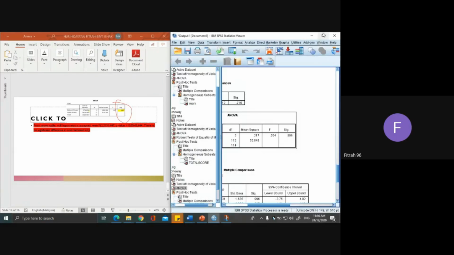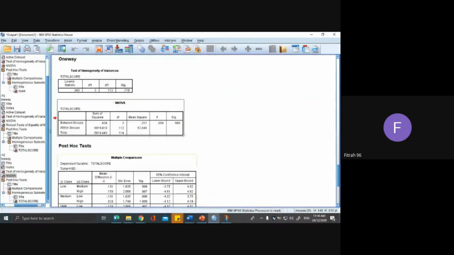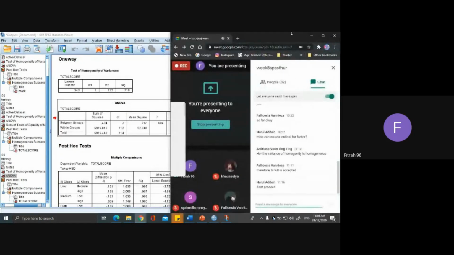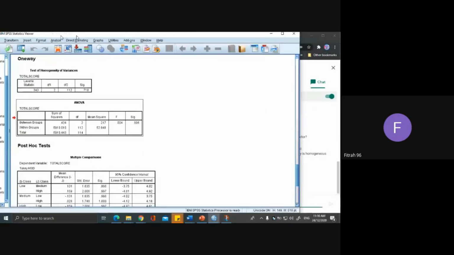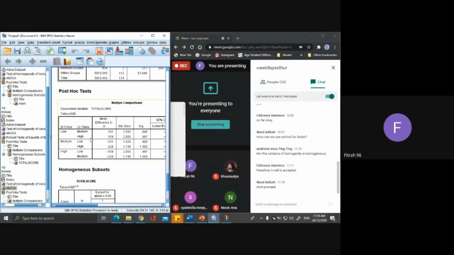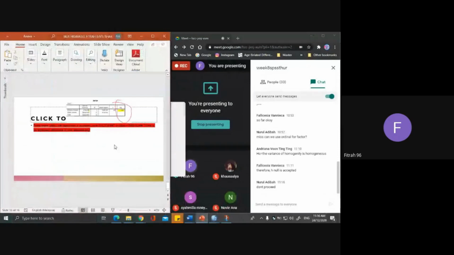Significant difference between total score dengan class tadi. Okay. So itu okay. Final conclusion.